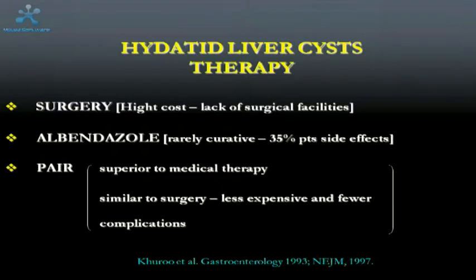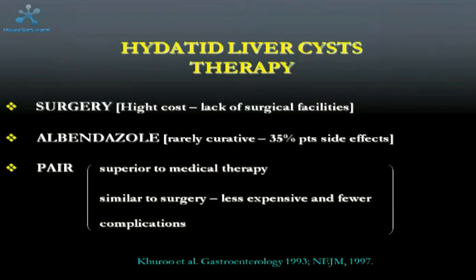The percutaneous approach, by percutaneous aspiration and injection of ethanol or other scolicidal agents, is a therapy that has already been accepted by the World Health Organization as the first choice in the emerging countries.